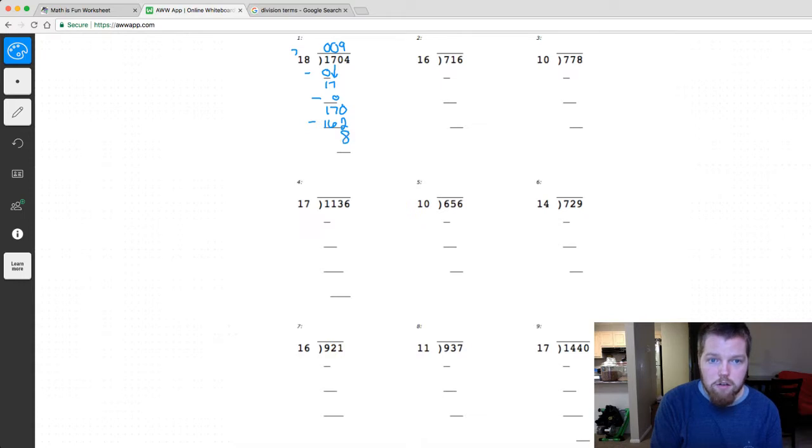Carry down the 4. How many times can 18 go into 84? I'm going to say 4. 4 times 8 is 32. Carry the 3. 4 times 1 is 4, plus 3 is 7. So we'll get 12. So the answer would be 94, remainder 12, or 94 and 12 over 18.